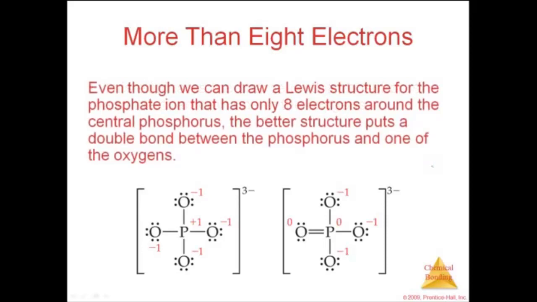What happens here is the phosphorus ends up with a formal charge of +1. You want a formal charge in the center of 0. So here, everything looks nice and pretty, but here the formal charge becomes 0, and you end up with an expanded octet, 1, 2, 3, 4, 5.